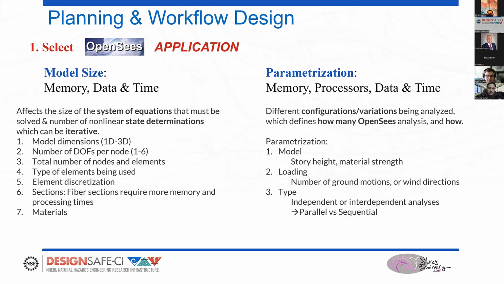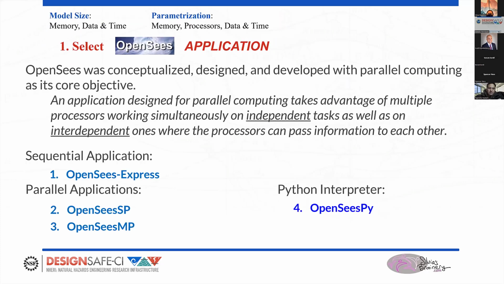We're used to just running a bunch of ground motions, and so those can just be run in parallel. But there's other applications where some parts can be run in parallel and some parts can be run in sequence. And so these are things that I want you to think about before you even open up OpenSees. And this is pretty much independent of whether you use OpenSees or any sort of finite element program, right? Or any sort of project that you have, okay?